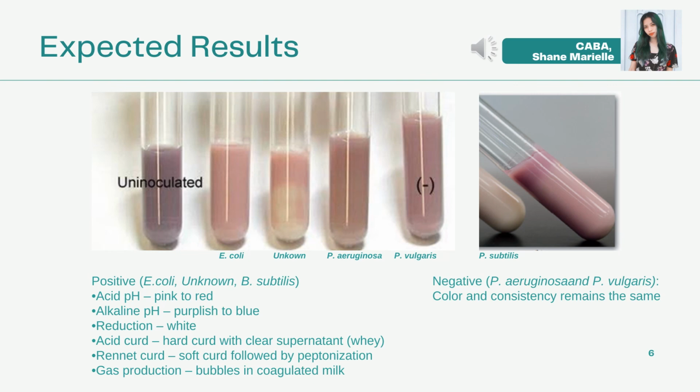In reduction, it must be colored white. For the acid curd, there is a hard curd with clear supernatant or whey. For the rennet curd, there is a soft curd followed by peptonization. For gas production, there must be bubbles in coagulated milk. For it to be negative, the color and the consistency remain the same.